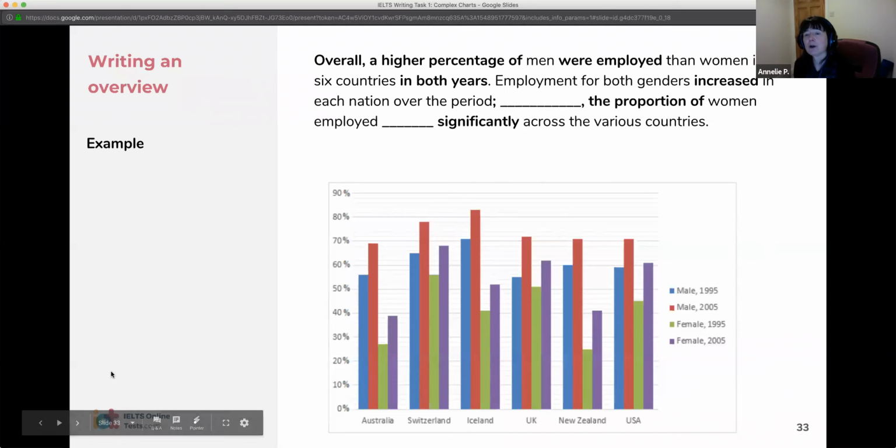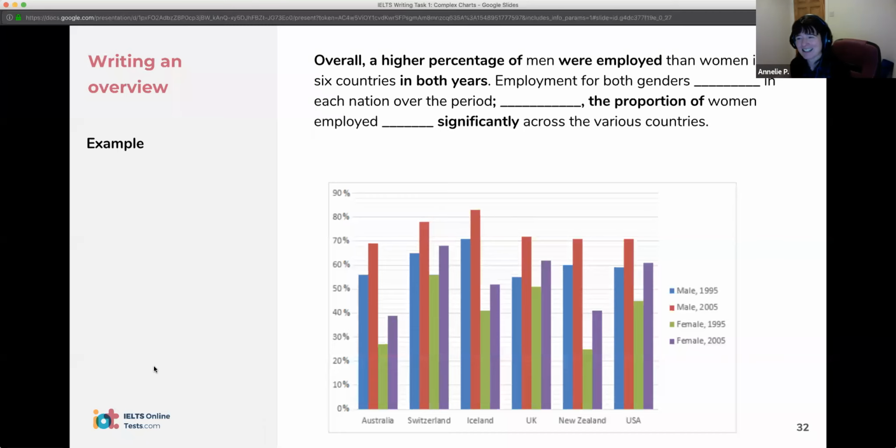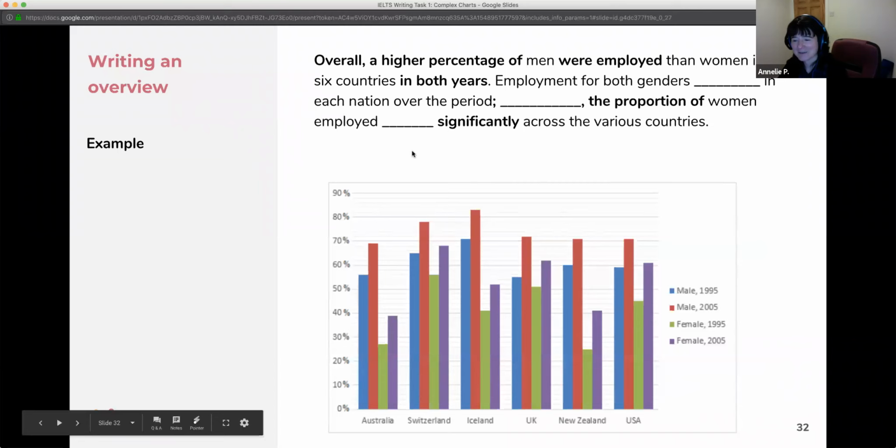So employment for both genders increased. Anybody got a synonym for increased?